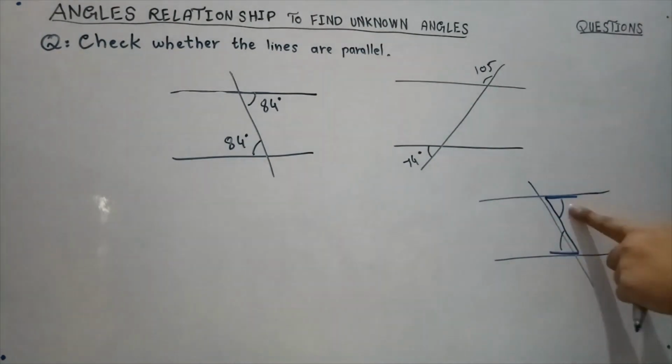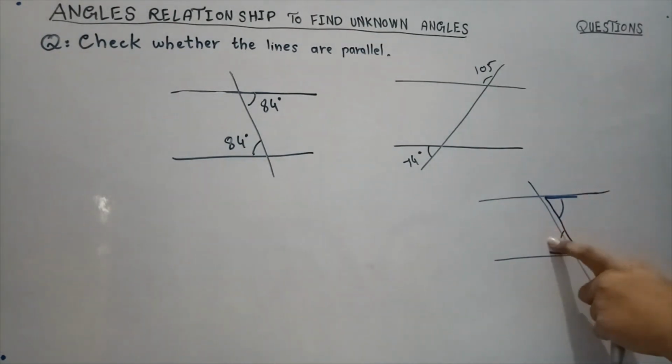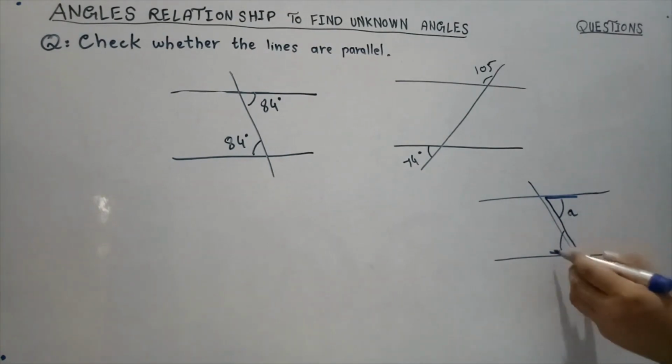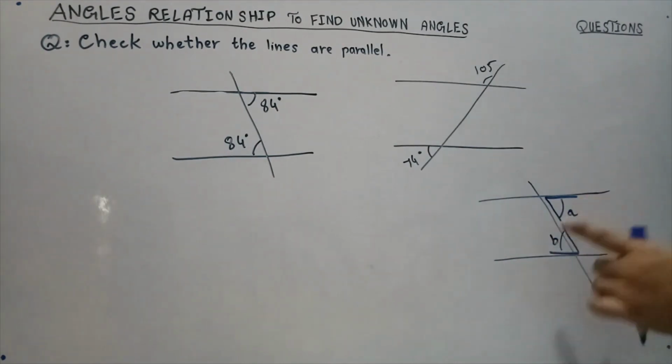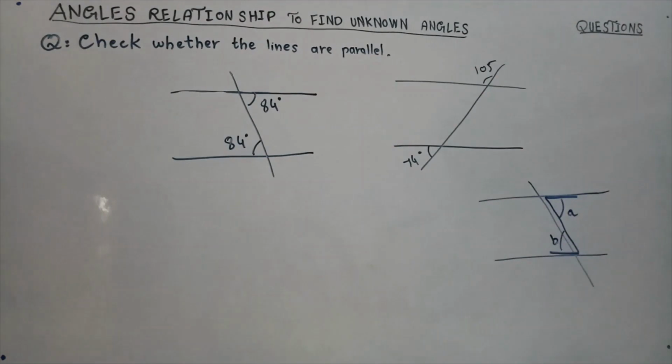So we will check if angle A is equal to angle B. If it is, we can say that these two are parallel lines because this theorem holds, and if angle A is not equal to angle B, we can say that these two lines are not parallel, because here we will not get the correct answer.